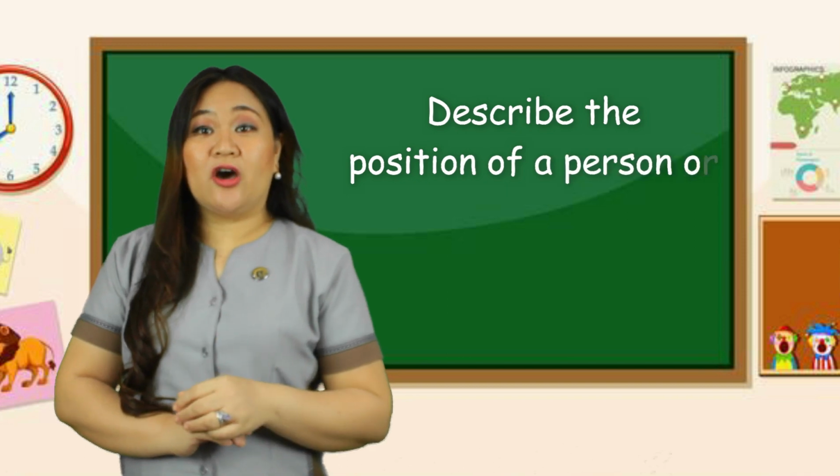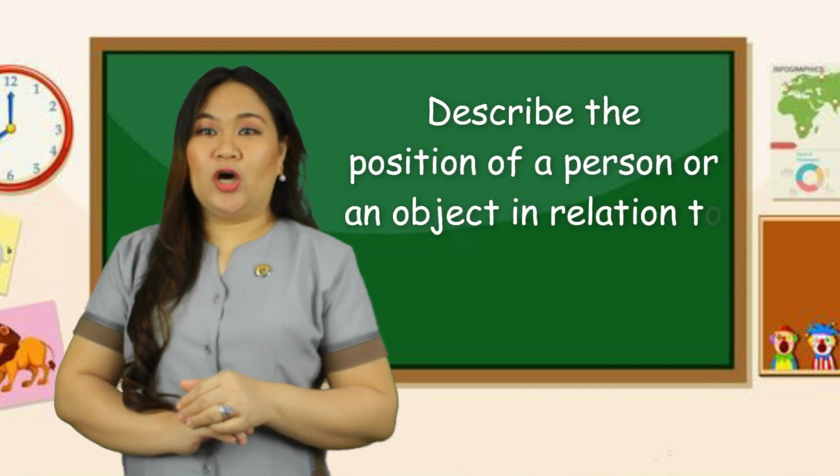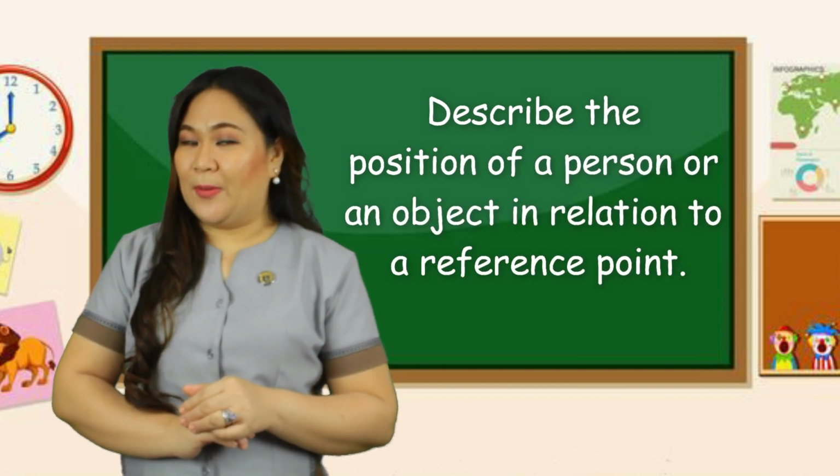Describe the position of a person or an object in relation to a reference point. Using this objective, I will demonstrate a particular task or skill to illustrate the I do or the modeling part. Remember, the goal is to make you realize that explicit teaching is already being used by many of us. Watch me as I demonstrate this part.